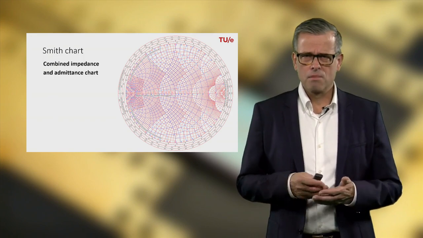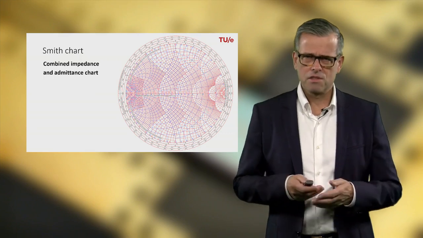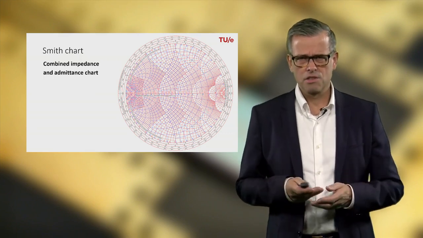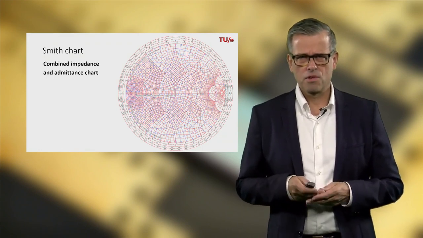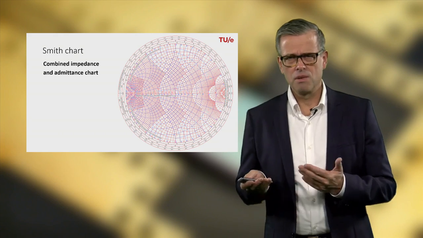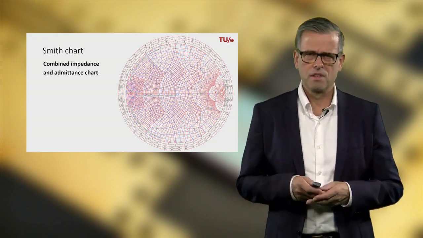By combining both the impedances and the admittances, we get a rather complicated Smith chart as indicated here, where the red curves correspond to impedances, real and imaginary part, and the blue curves correspond to admittances.